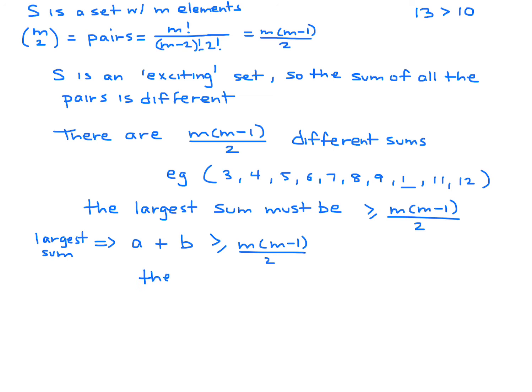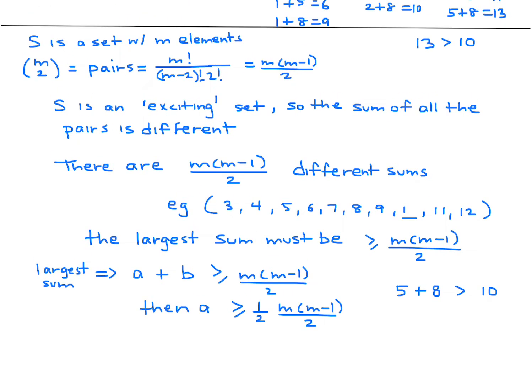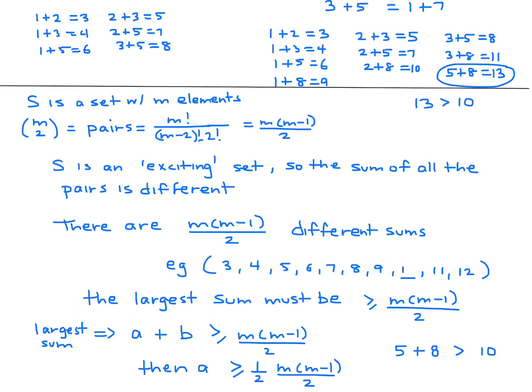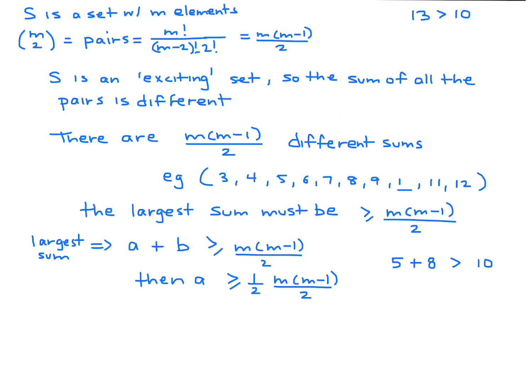Then one of these numbers, say a, has to be greater than half of this. For example, if the numbers were 5 plus 8, that is 13, and that's got to be greater than 10, which represented m times (m minus 1) over 2.